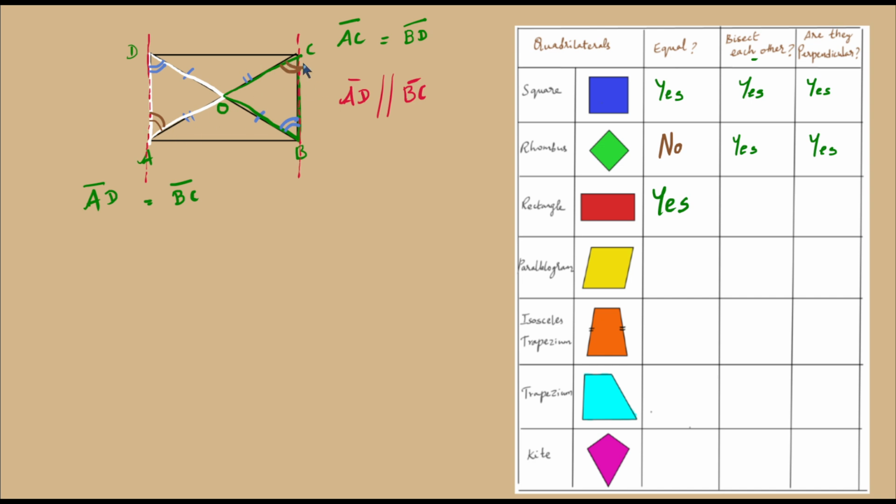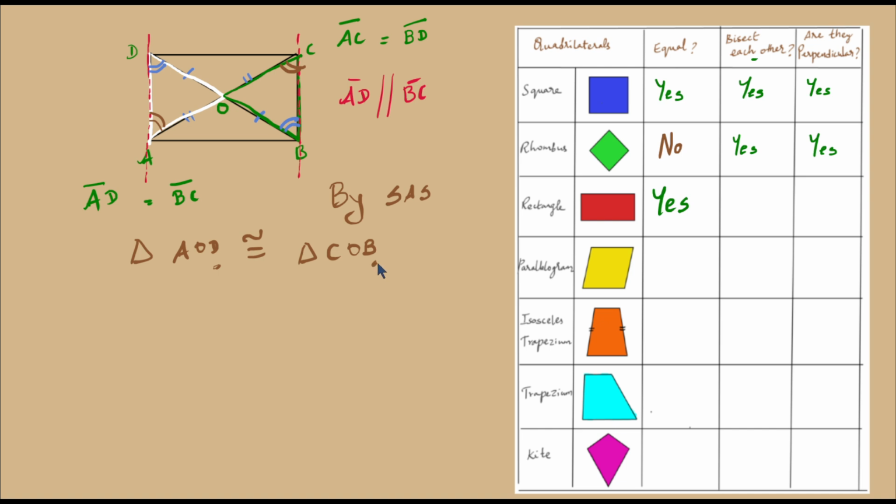So now we have a clear view of this picture. We have two angles of each triangle and one included side equal to one another. So by the SAS congruency condition, we can arrive at this conclusion that triangle AOD is congruent to triangle COB, because angle at A is equal to angle at C and angle at D is equal to angle at B, and you have one side equal to each other.